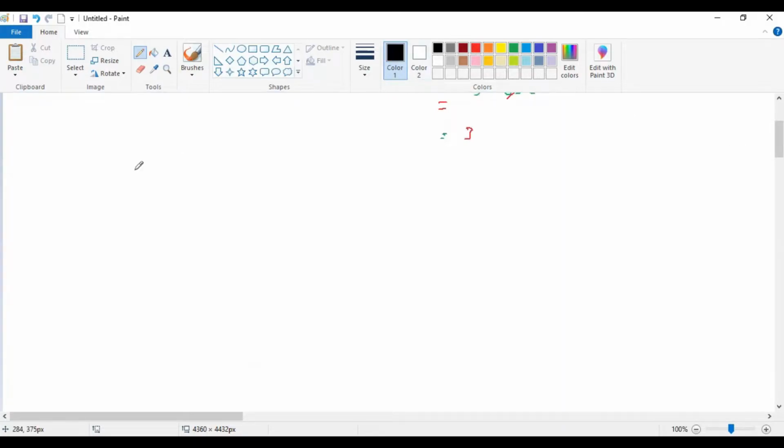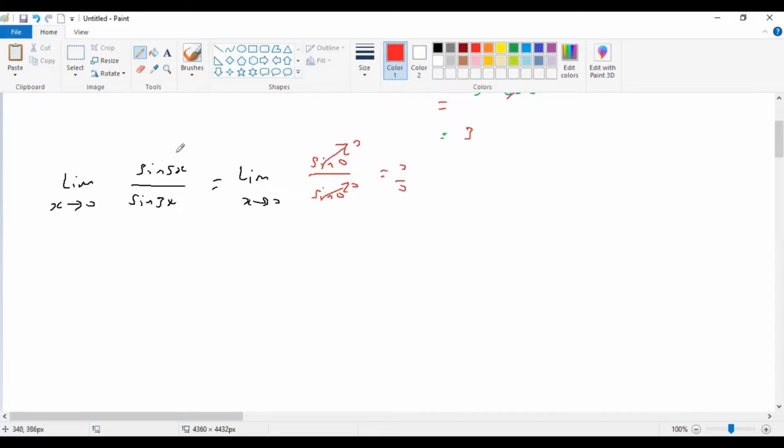Another example. To find the limit as x approaches 0 of sine 5x over sine 3x. Again, here I have sine 0, which is 0, over sine 0, 0. So we have 0 over 0.